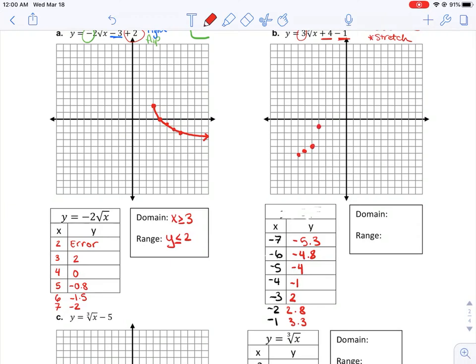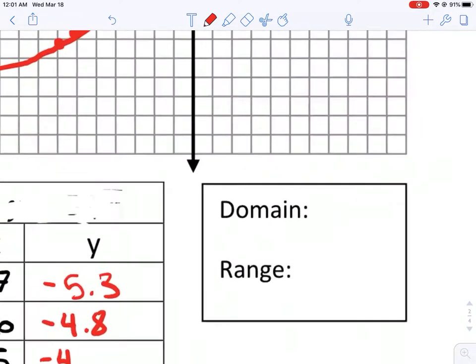To the left 4, down 1. To the left 3, up 2. To the left 2, up 2.8, so almost to 3, but not quite. And then to the left 1, up just over 3. So you can see this is definitely a stretched out S. Okay, looks something like that.